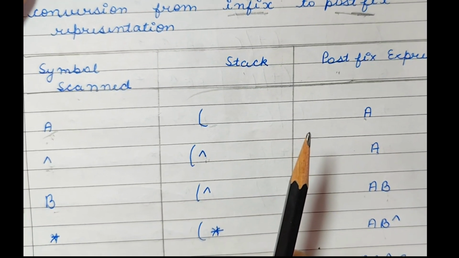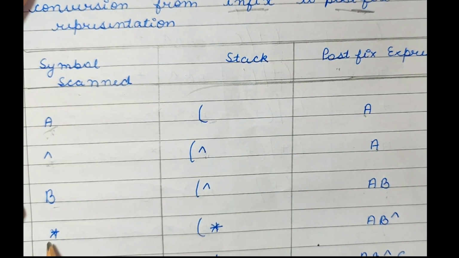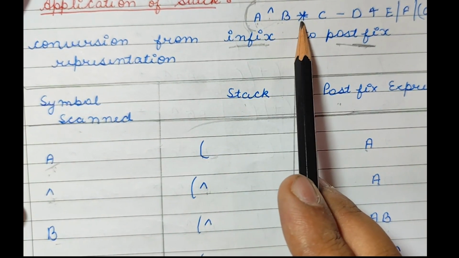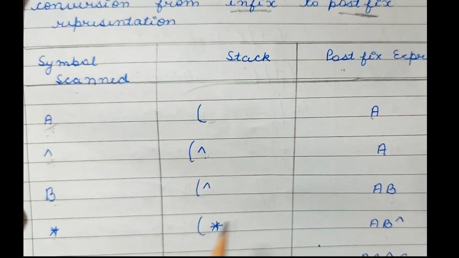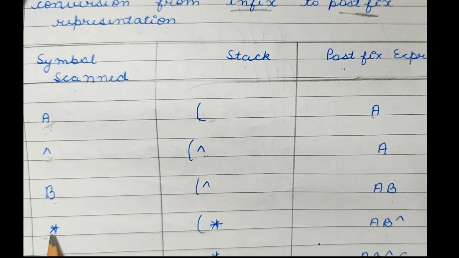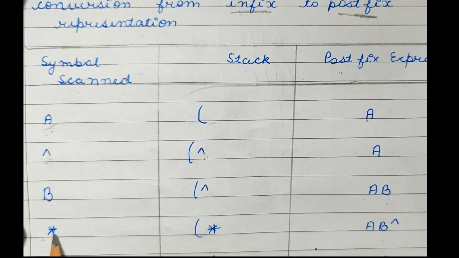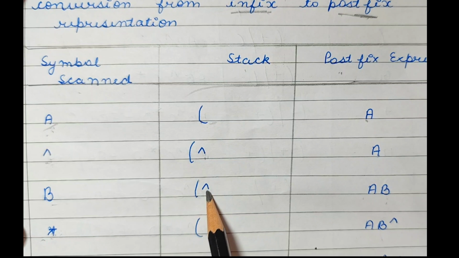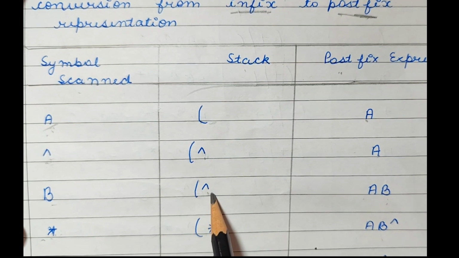After this we have star operator. After B we have star, so now we are scanning the star symbol. Star is an operator, so now rule number 2 is implemented here. Now we check the priority of the operator which is already in the stack. Which operator is already in the stack?